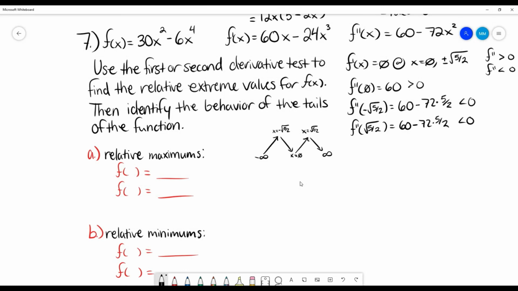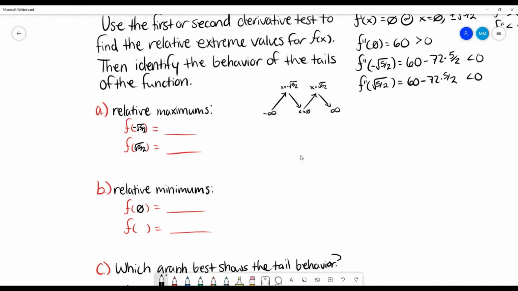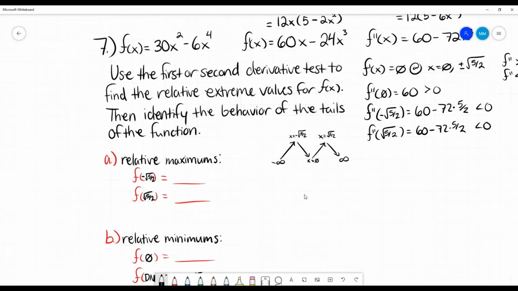So our relative maximums are these. I have a relative minimum at x equals 0 and no others. So I'll say that this does not exist. And now I just need to figure out what these points are.